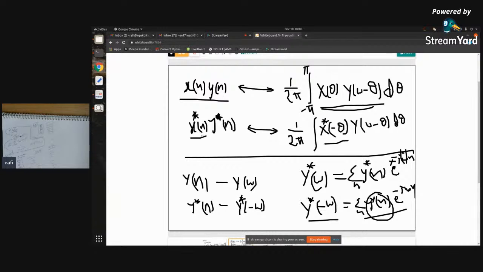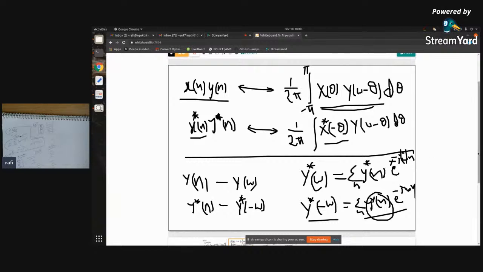So when you take one signal as a complex quantity, then in the time domain, if you take the complex conjugate, in the frequency domain it will get flipped with respect to the vertical axis, that is x of theta will become x of minus theta and it will get conjugated here also.